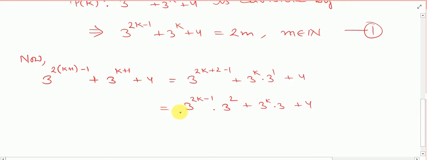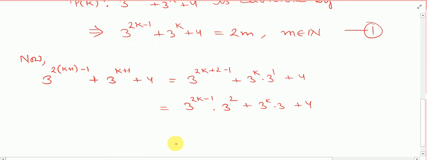Now you can see we haven't got this till now, okay, but we will try to get this one, even if we have to manipulate over here. So we should manipulate and get this expression somewhere here, so that we can straight write 2m.